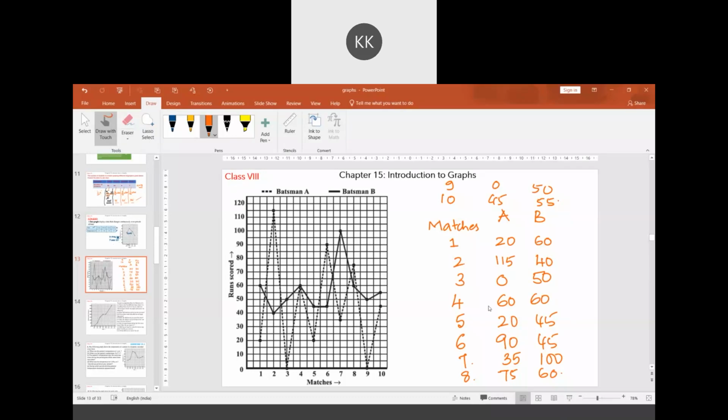When I asked in which matches their scores were same, you said in match 4 the scores were 60 each. Not only that, there is one more match their scores are same, which is that in the 3 and 9, sir.